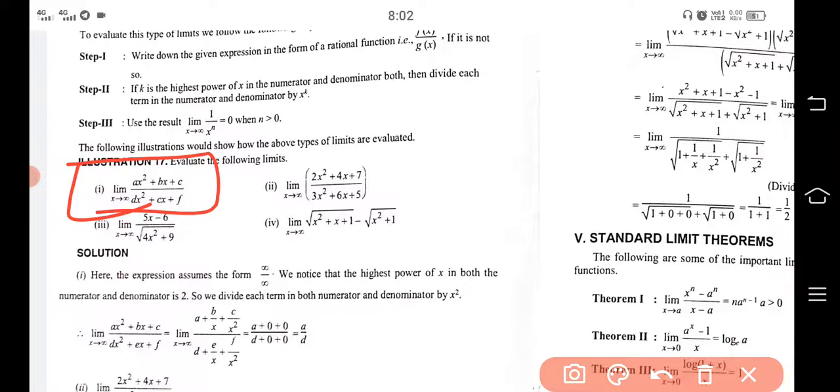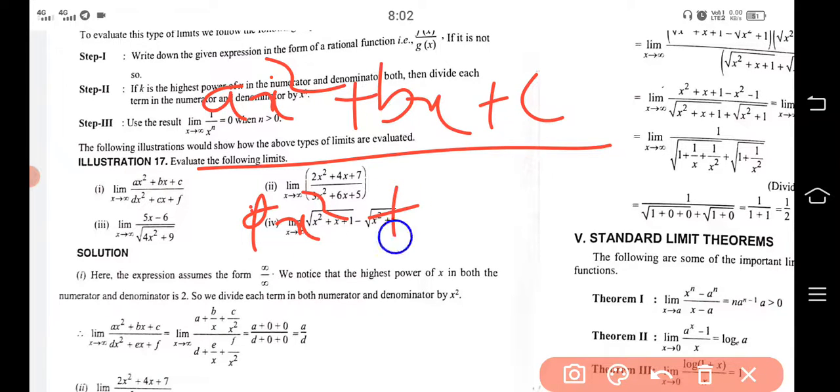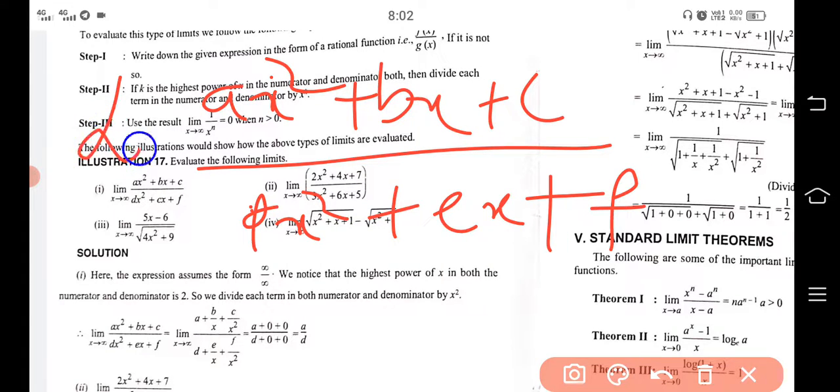Our first example is given: ax square plus bx plus c in the numerator, and in the denominator dx square plus ex plus f. We have to calculate the limit of this where x tends to infinity.